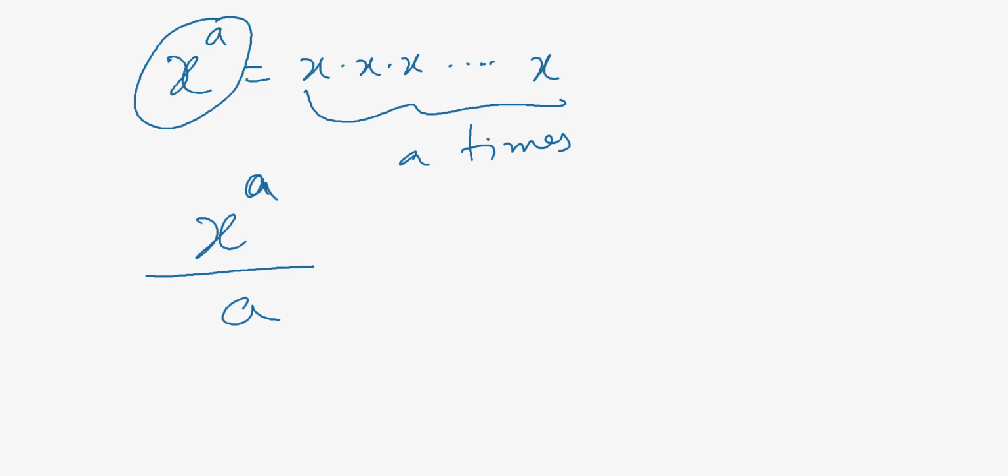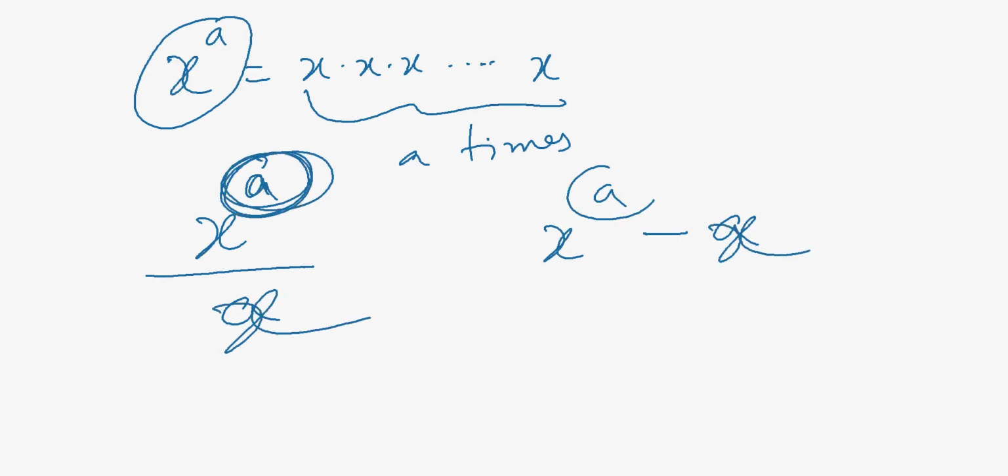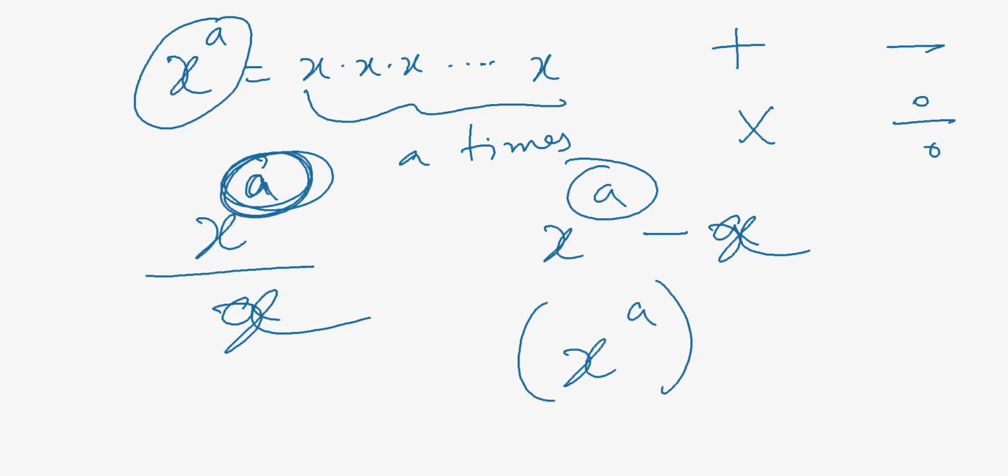No. If you subtract A from X power A, that is not helping. Even dividing by X or subtracting, nothing will happen because it is sitting on the A. Do you see that? Yes. All the known mathematical operations, addition, subtraction, multiplication, division, or raising to the power: you have X raised to the power of A, and if you apply another power to X, this is also not helping.